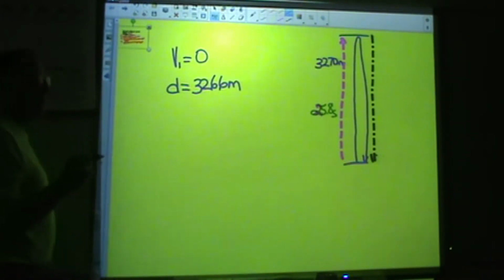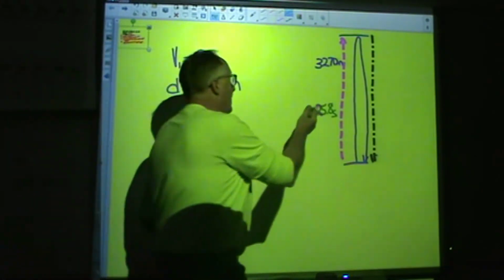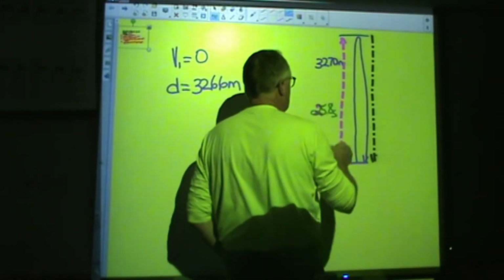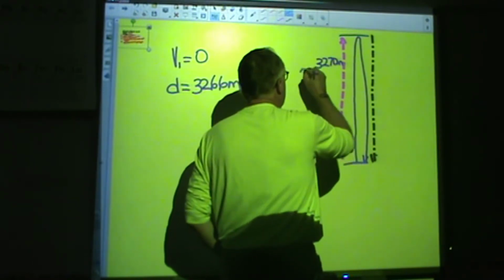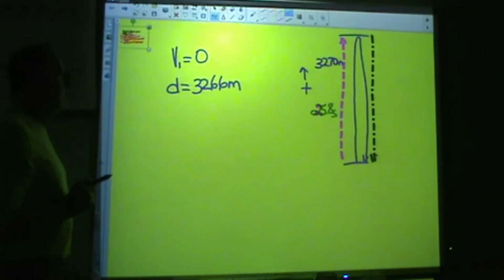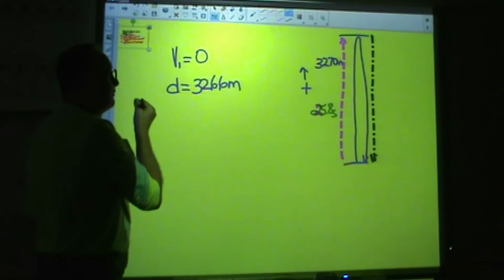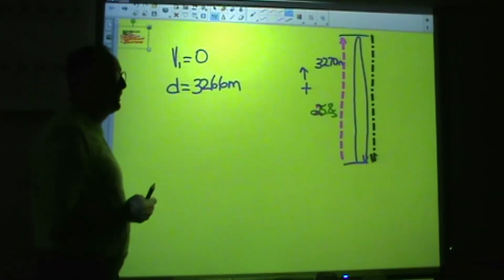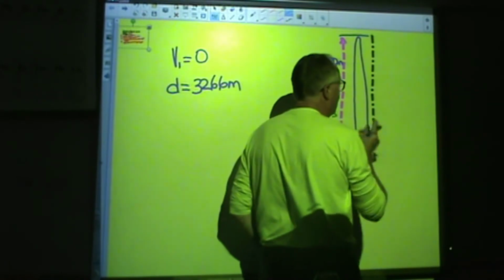And now we have to decide in this one. Now this is the second part, so on this side, since we were throwing it up, we said that up was positive. On this side, we still can, but that's going to make a difference. Right now, we're saying that down is positive because it started here, and we got a positive number here.